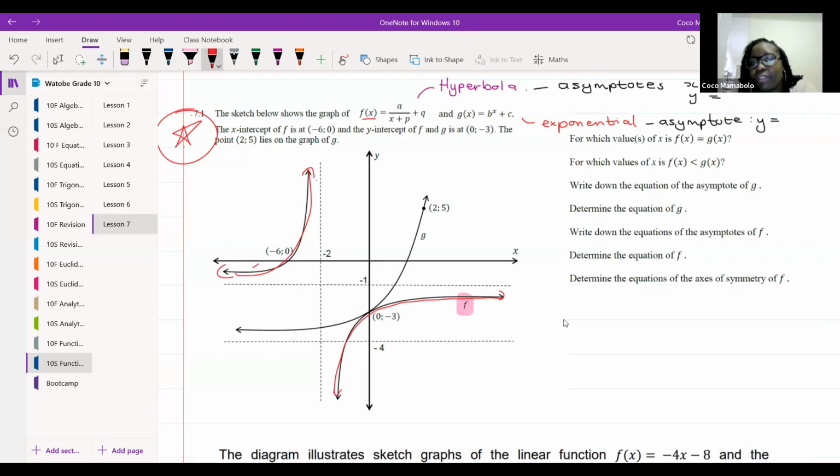Before we even get started, guys, which two quadrants does my hyperbola fall under? Look at the way that they're positioned, guys. That's it. They fall into quadrants 2 and 4. So before we even get anywhere, what do we know about this value of a in our graph?